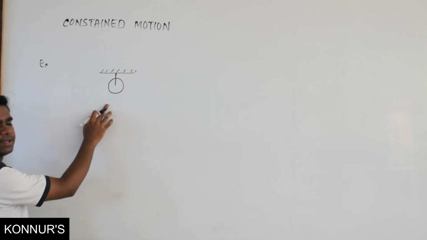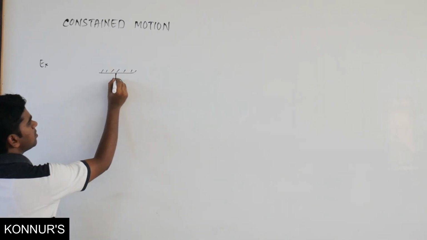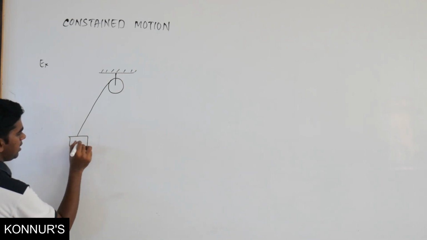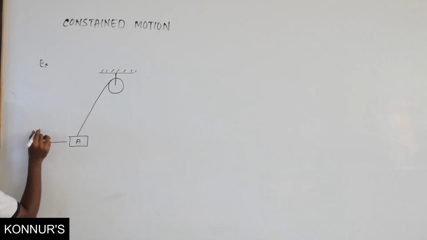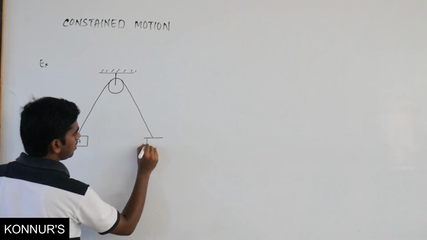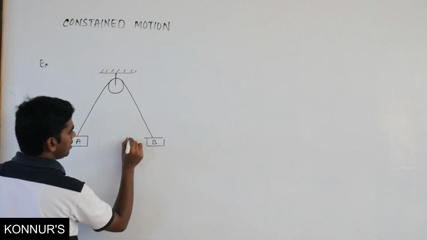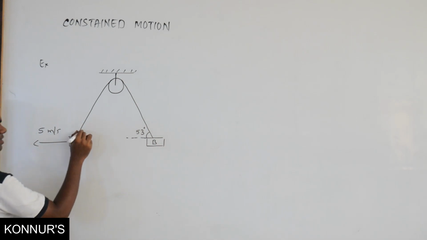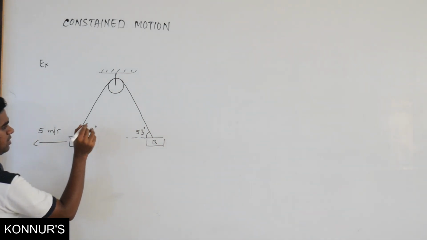Okay. We will take another example. Suppose a pulley is connected here. To the pulley, one mass is connected, say A, and A is moving with, say, 5 meter per second, and another mass is connected here, say mass B. Suppose this is making an angle, say 53 degree, and here it is making an angle of, say, 37 degree.